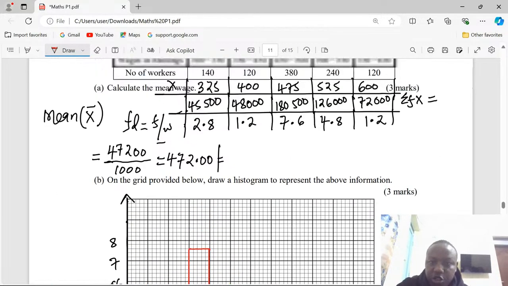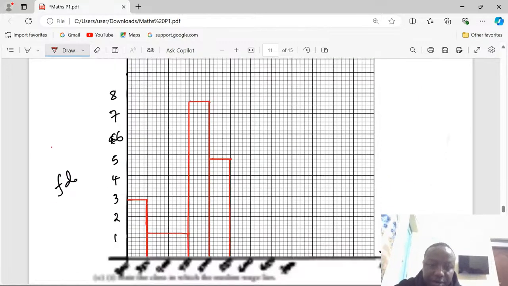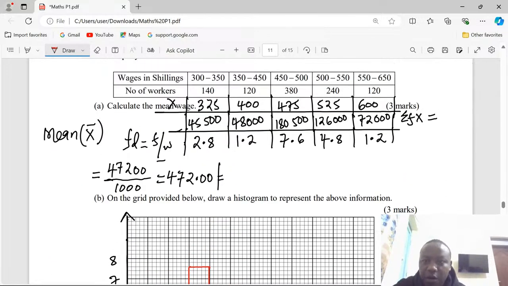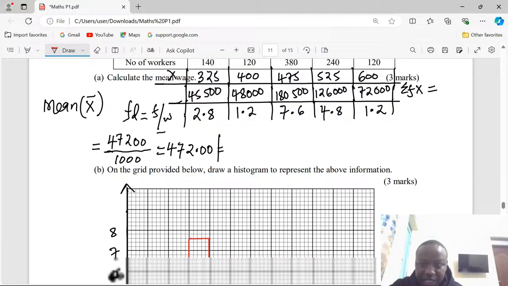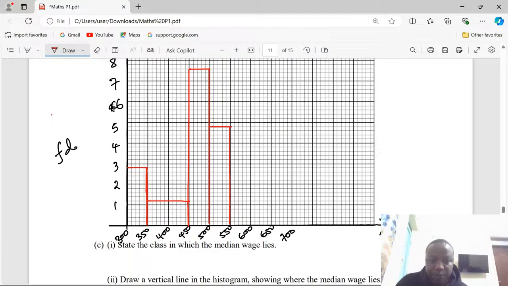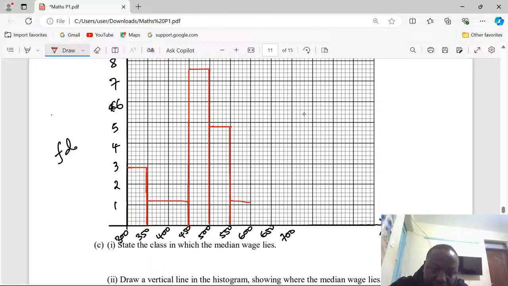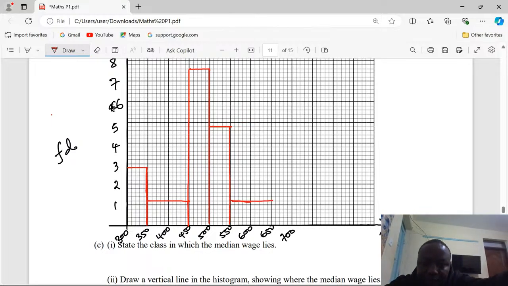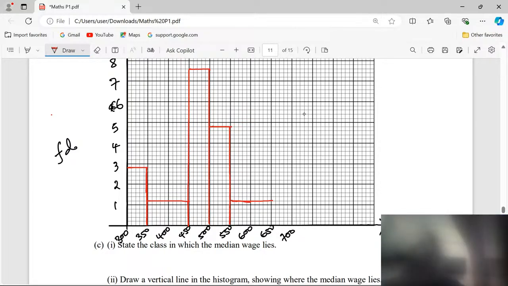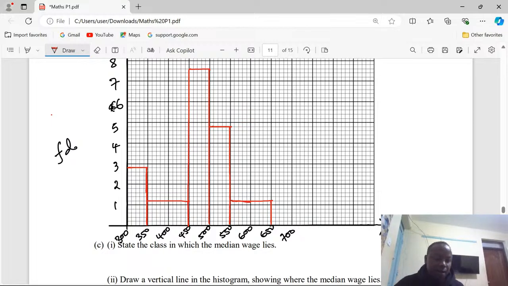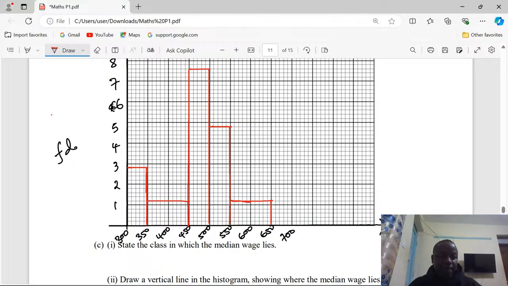The other one is going to be from 550 now. We are going all the way to 650. The height is 1.2. So a height of 1.2 will be here, up to 650 like that.